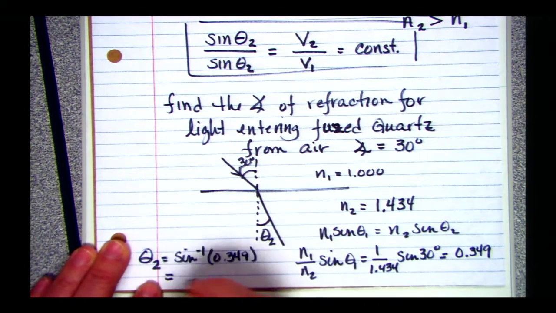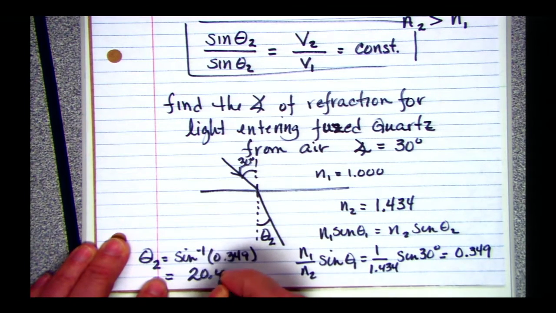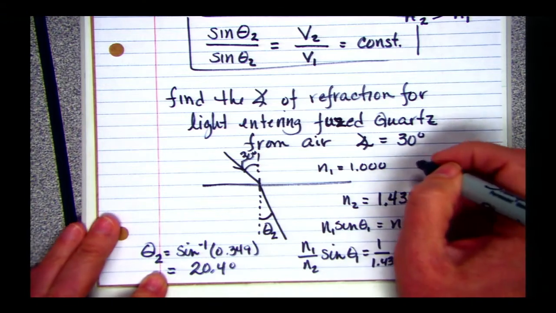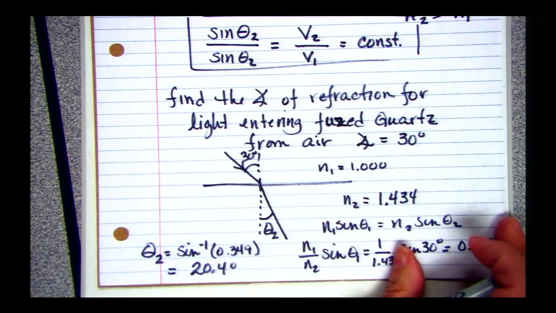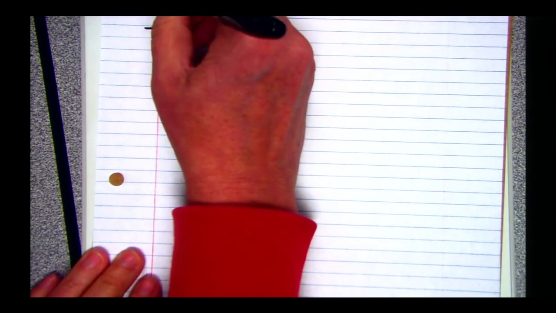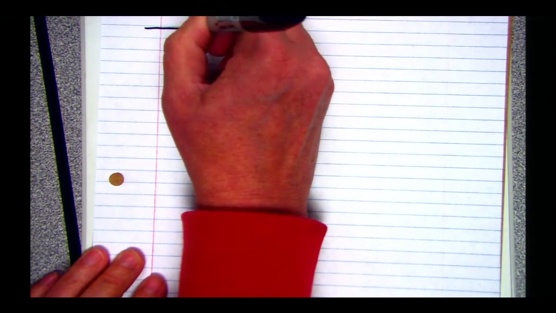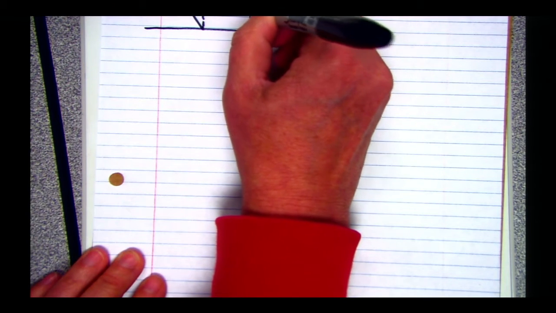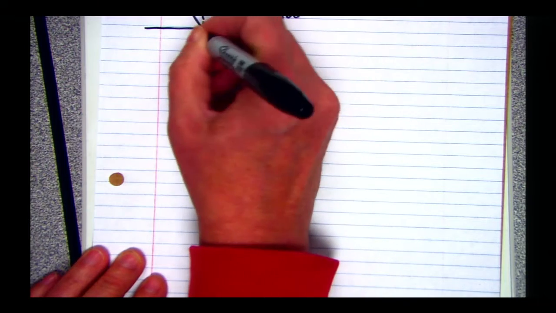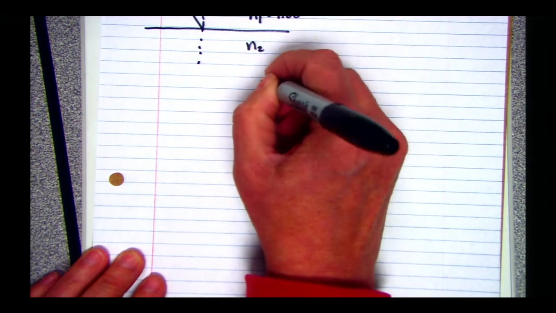And we showed on the presentation that if I'm in a situation like this, where this is air and this is something else, but when N2 is greater than N1, this is going to bend towards the normal.